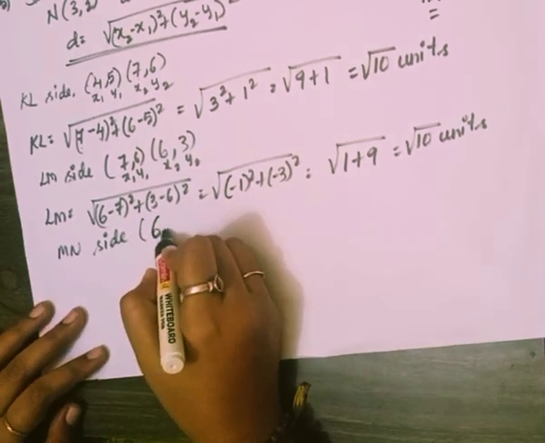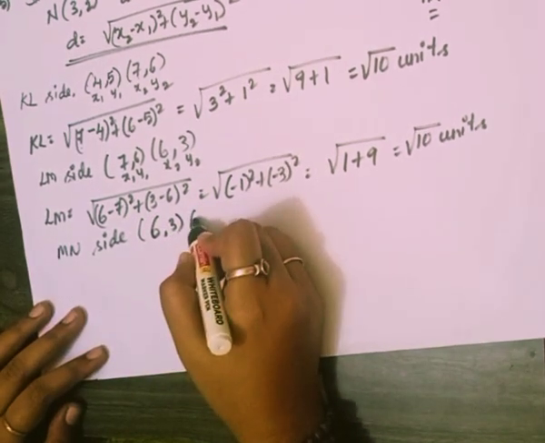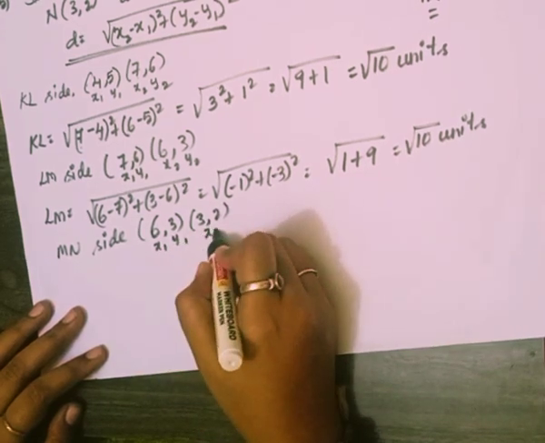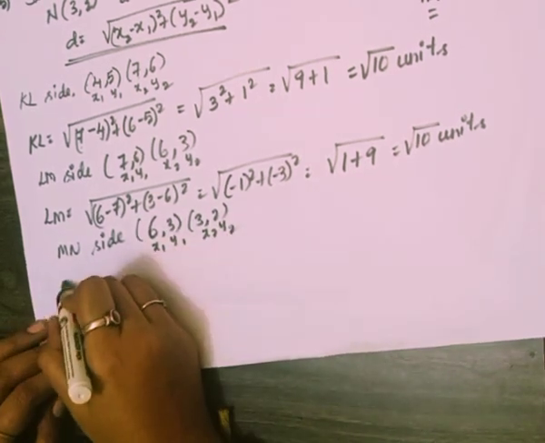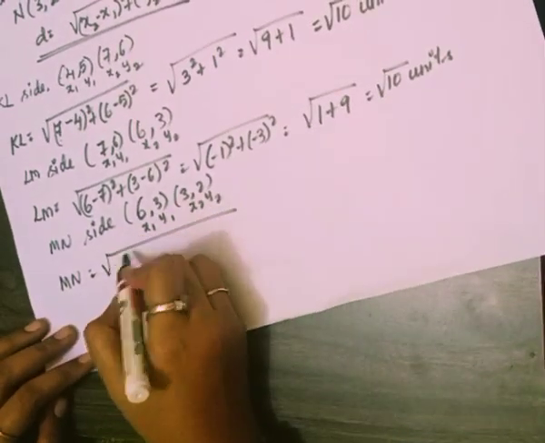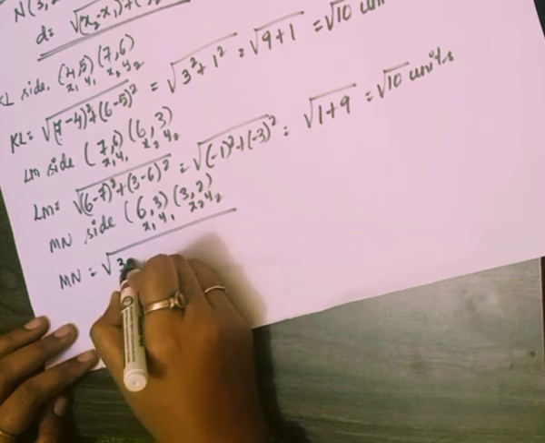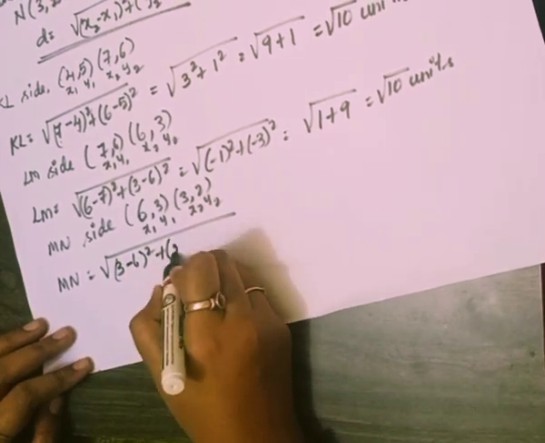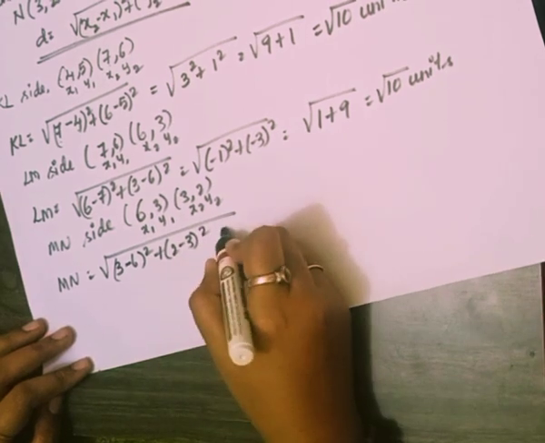That is 6 comma 3. N value we have 3 comma 2, that is x1 y1. This is x2 y2. We'll substitute the values. MN is equal to square root of, what's the x2 value? 3 minus 6 whole square plus 2 minus 3 whole square.